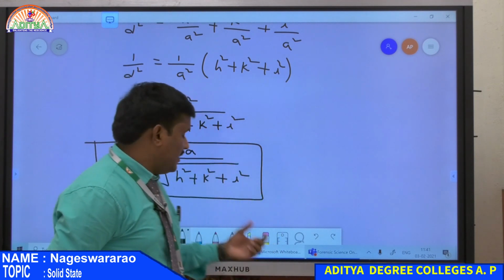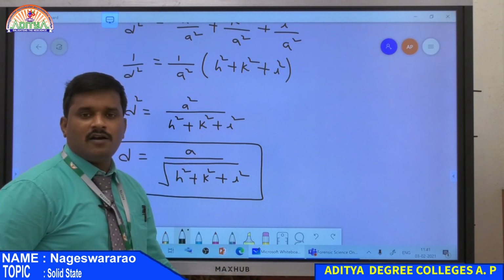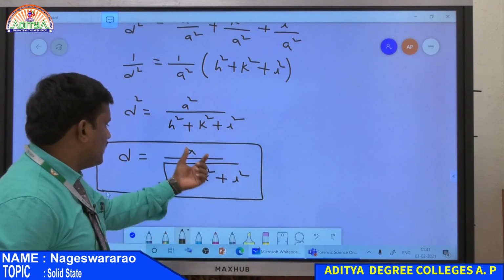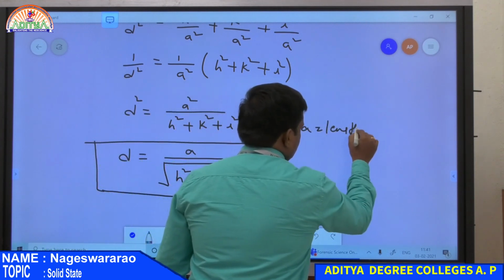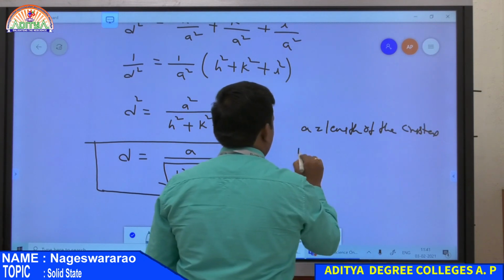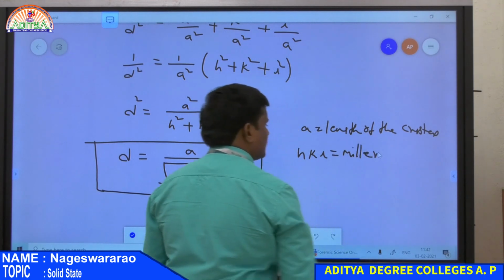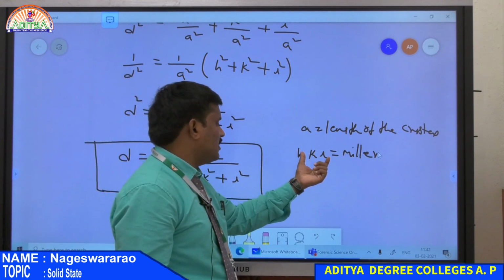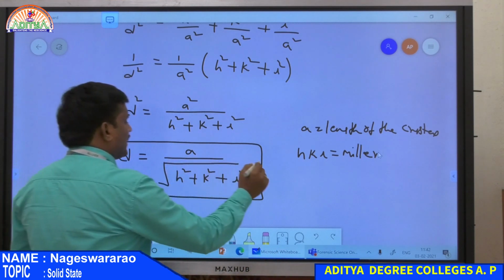So this is the formula for determination of the distance between parallel planes present in a crystal, where A is the length of the crystal either along x or y or z, because in all directions the length is equal, A equal to B equal to C. Therefore A is simply the length of the crystal, and the remaining h, k, l are Miller indices along the x, y and z axes. So by knowing the hkl values and the length of the crystal, we derive the distance between the parallel planes.